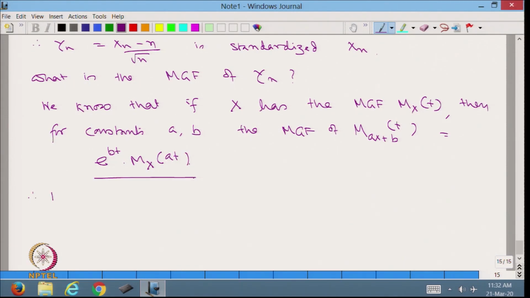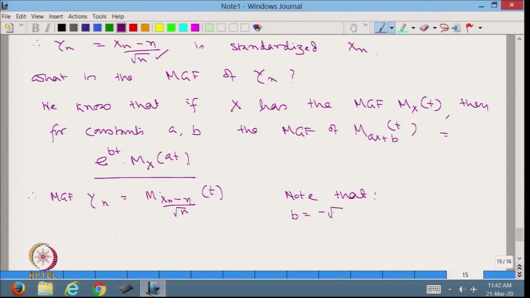Therefore, MGF of yn is equal to the moment generating function of (xn minus n) upon root n at t. Note that b is equal to minus root n and a is equal to 1 upon root n.